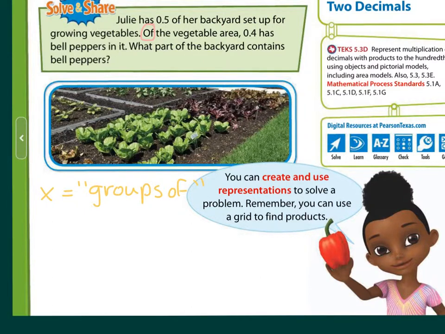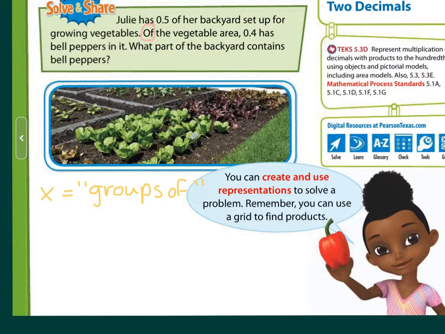And so when you see the word "of," that's the same thing as our groups of, which means you're going to multiply. So you're taking a part of a part is basically what you're doing. So that's what would tell you that you would be multiplying in this problem.